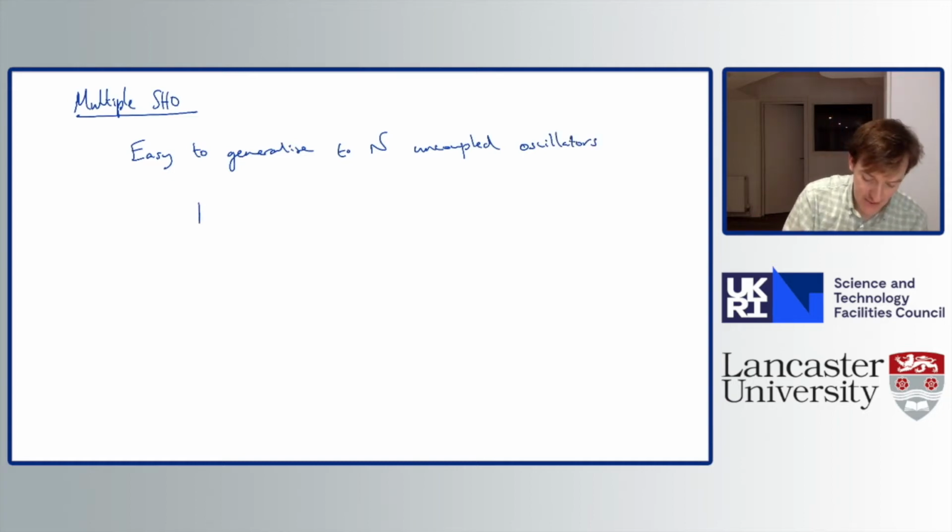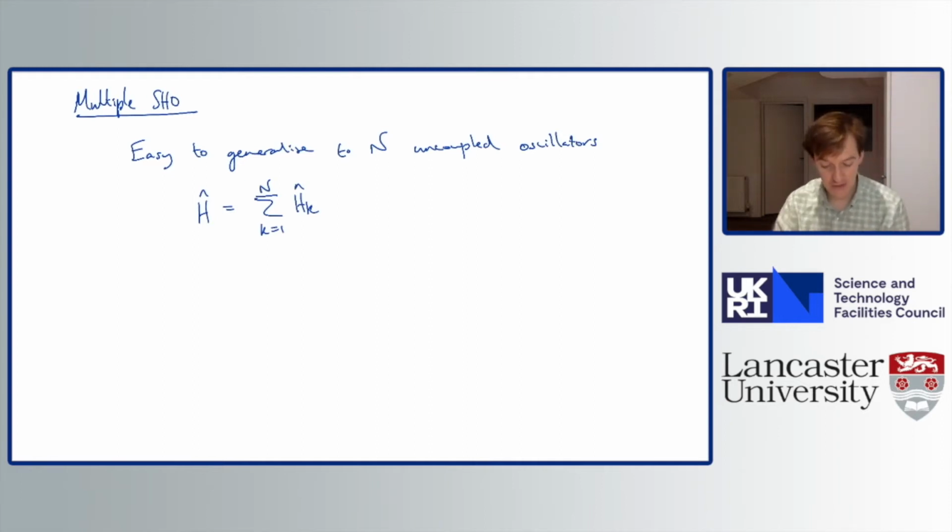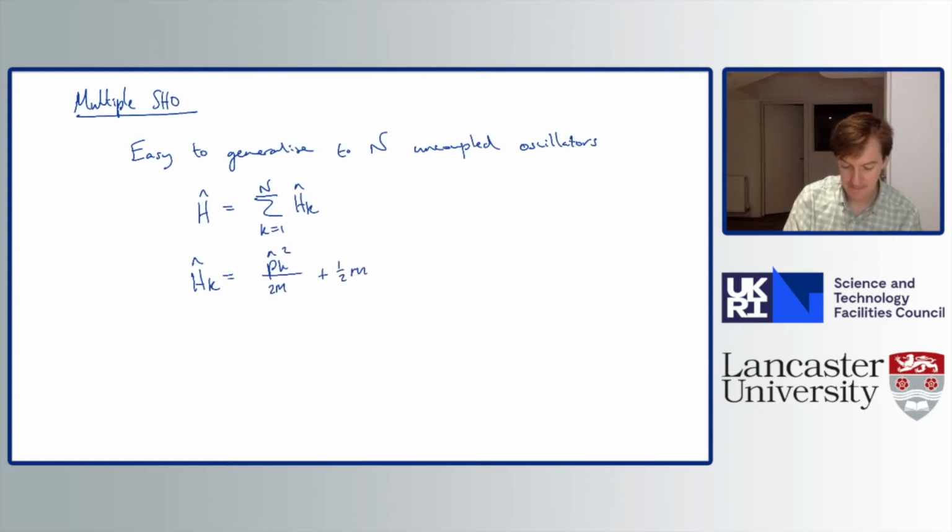So the total Hamiltonian for n uncoupled oscillators, we can write as the sum of the Hamiltonian for each individual oscillator. Because each oscillator is independent, it just has its own Hamiltonian, which we can label by k. This is reasonably straightforward.